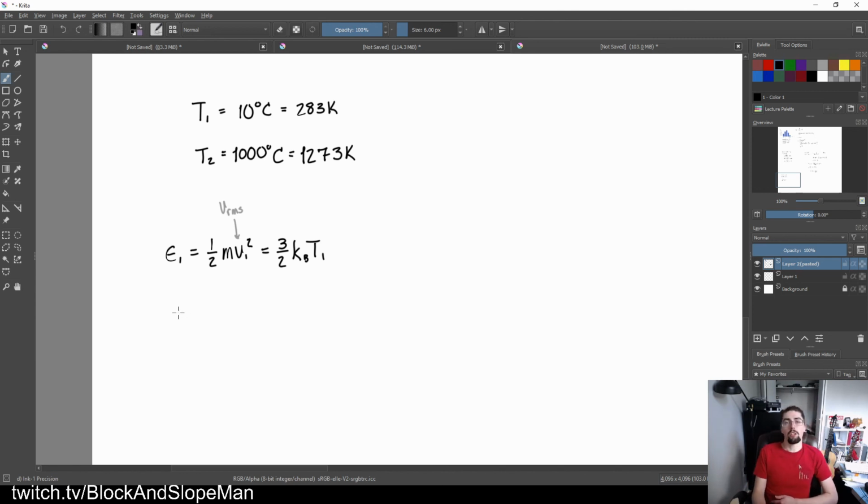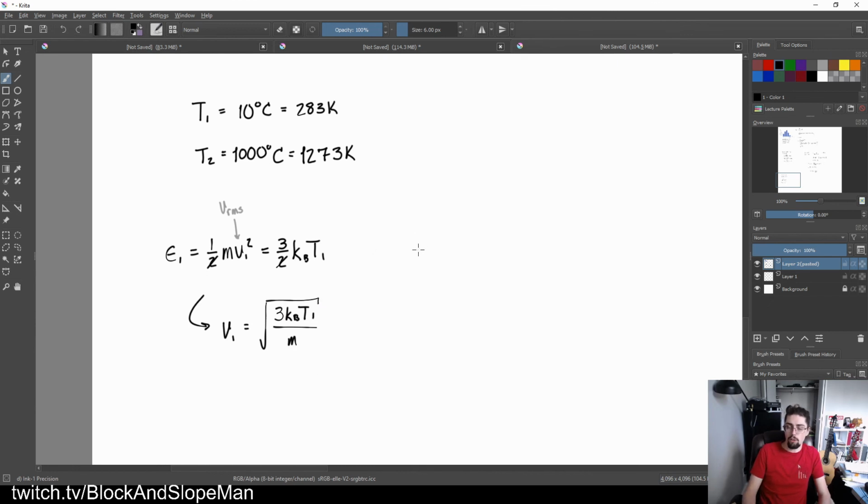I can rearrange this a little bit, right? I want to know essentially how these VRMSs compare. What's the ratio if I plug those two things in together? So I'm going to solve for VRMS, or V1 here. V1 is equal to, and I can cancel out that, and that, and then I just have to rearrange the rest of it. So it's going to be the square root of 3 kB T1 over m.